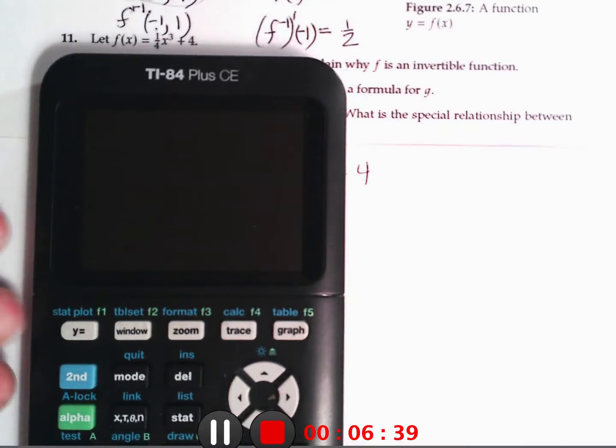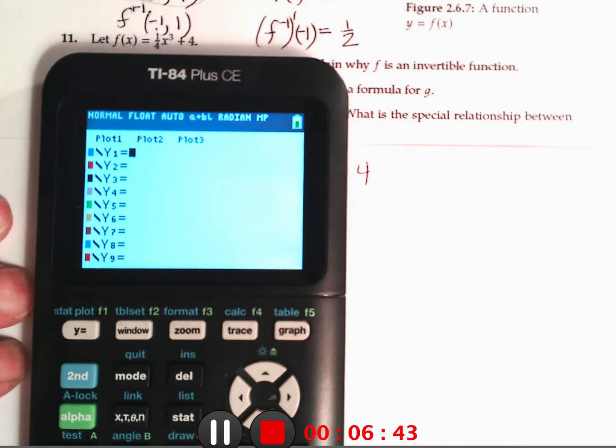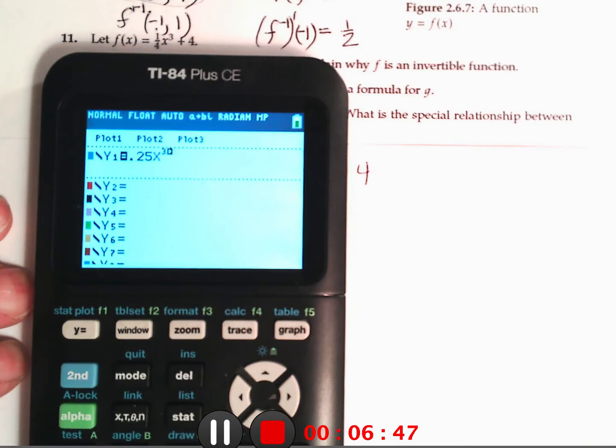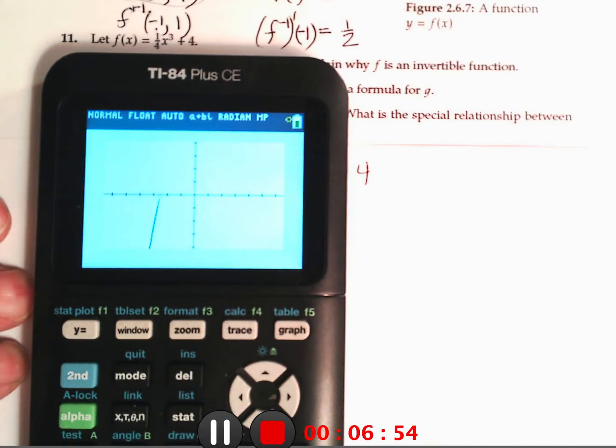So we'll make a graph of it: 0.25 x to the third plus 4. I'll do zoom 4. Can't see it all, so zoom 6.